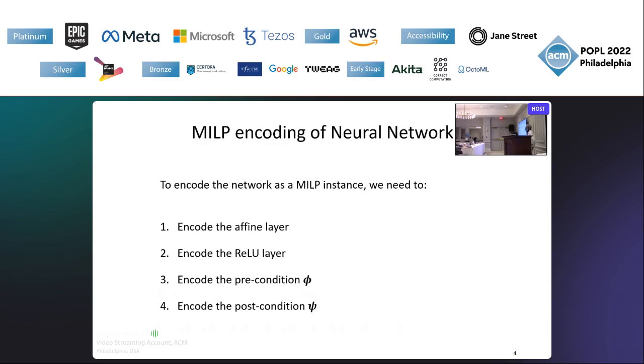Now we are looking at a fully connected network with ReLU activation, so it has very limited types of computations going on. So you only need to handle 4 different kinds of computations. You have to encode the affine layer and the ReLU layer, and you have to encode the precondition and the postcondition in the fragment that I just described.